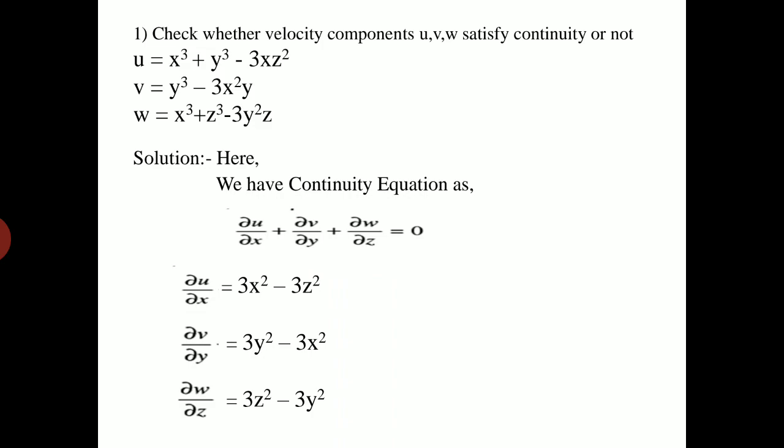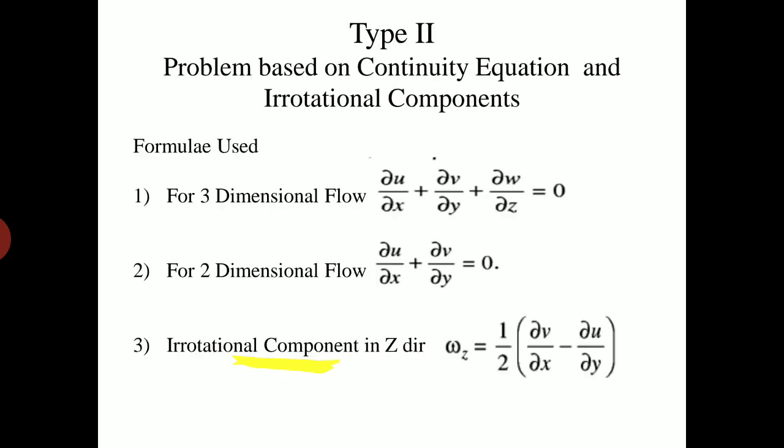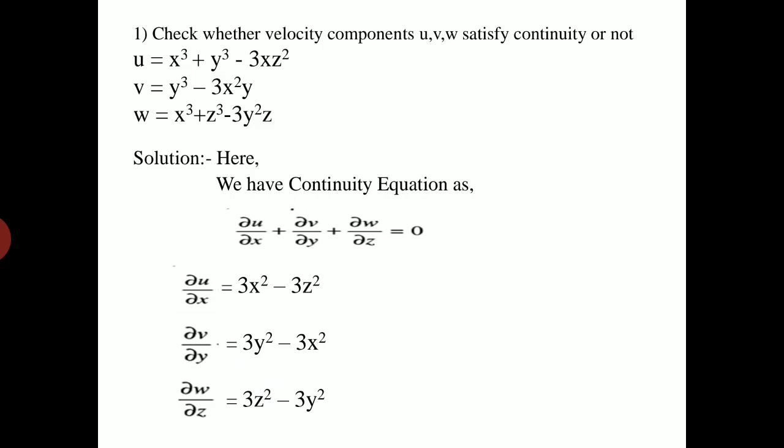Now we have to do the differentiation of u, v, and w with respect to x, y, and z respectively. So ∂u/∂x, differentiating u with respect to x, we'll be getting 3x square minus 3z square. If we differentiate v with respect to y, we'll be getting 3y square minus 3x square. If we differentiate w with respect to z, we'll be getting 3z square minus 3y square.